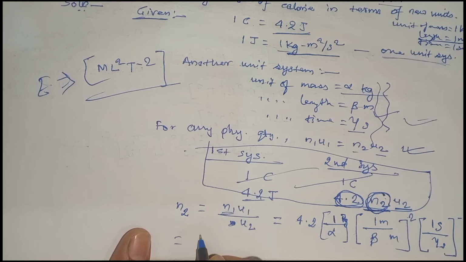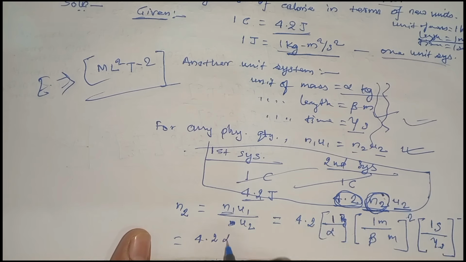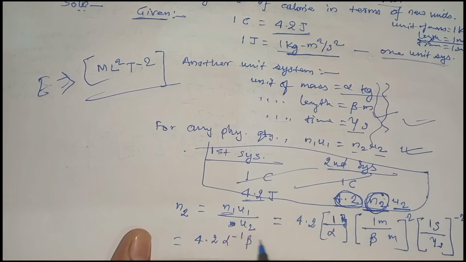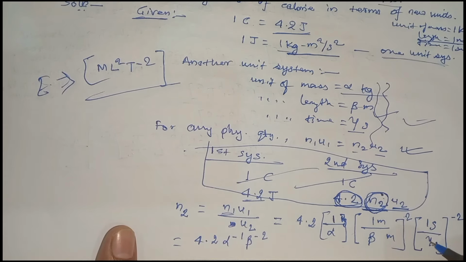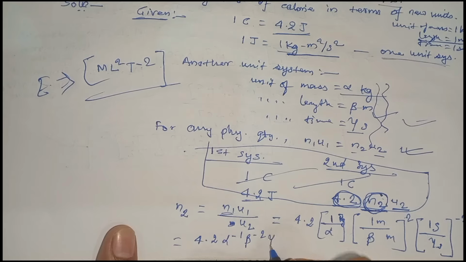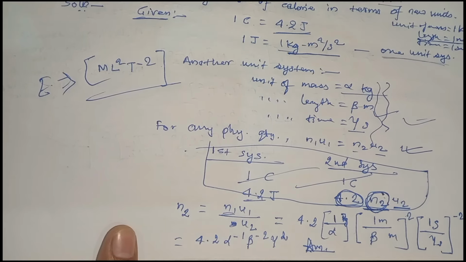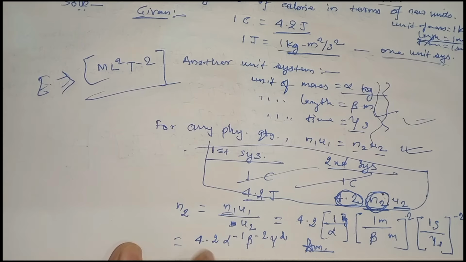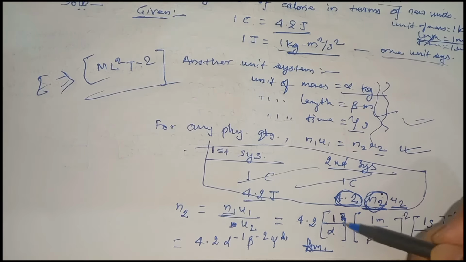Now the value will be 4.2, and alpha will come in the numerator with power minus 1, beta minus 2, and for gamma it will be plus 2. Upon calculation it will come to the answer. What we did here, we simply arranged units.